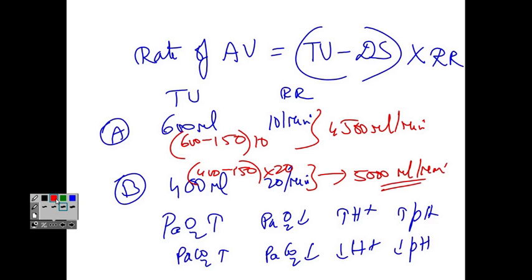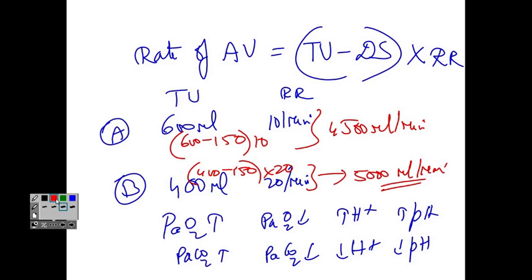If I have given you only the tidal volume, one person has 600, other one has 200. Who is better, 600 or 200? 600 is better, because that person is breathing deeply compared to the 200 guy.